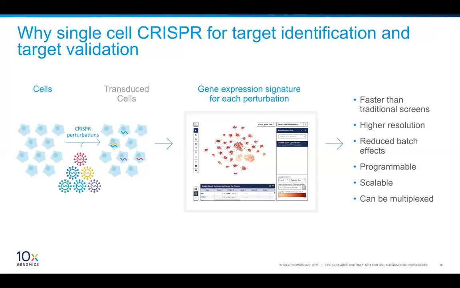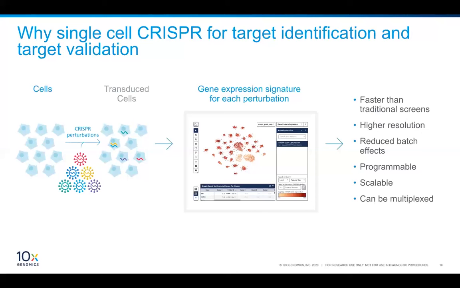The 10x feature barcoding technology is engineered to read barcoded guide RNA, giving an easy way to identify which cell received what perturbations. So our approach has a number of advantages.